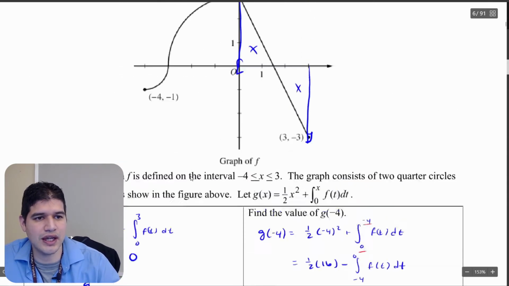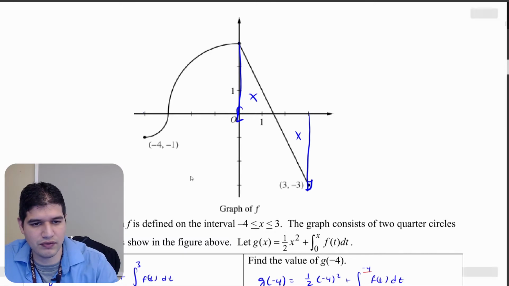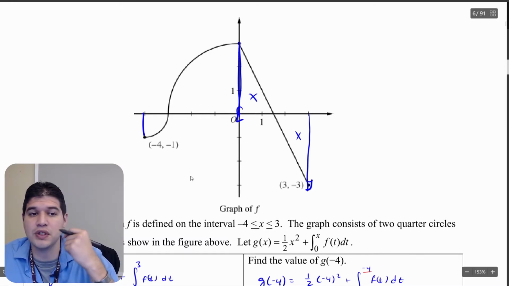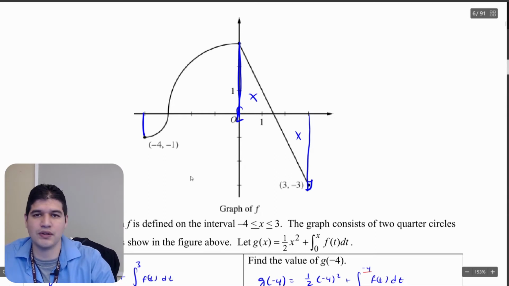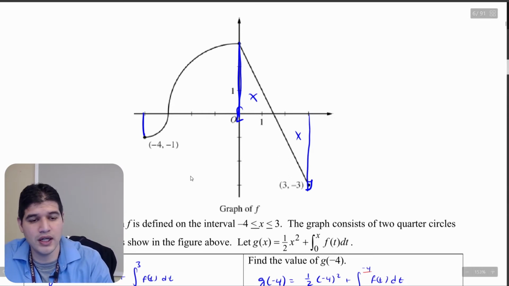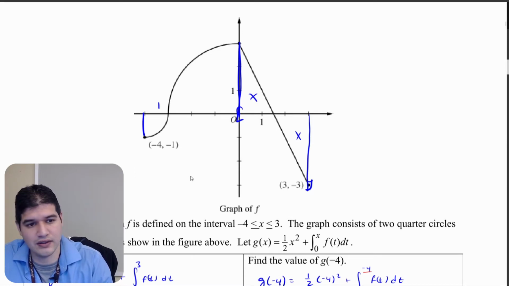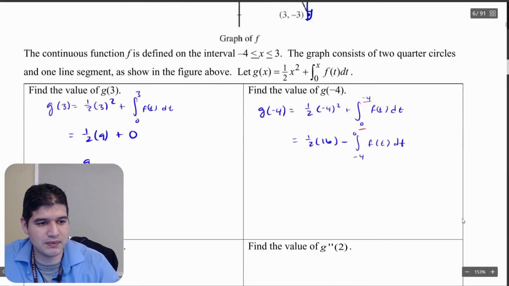So now let's look at my graph, and I'm going from -4 to 0. These are two quarter circles, so I'm going to use pi r squared divided by 4. The first one has a radius of 1, and my second one has a radius of 3. So first, 16 divided by 2 is 8 minus.